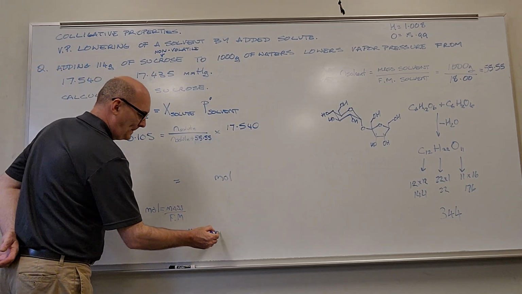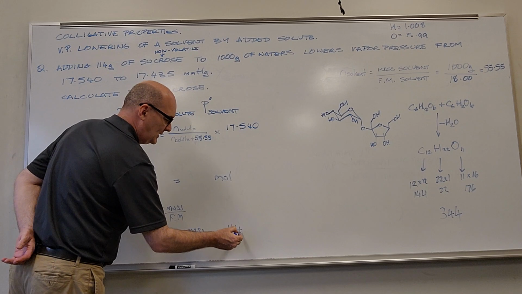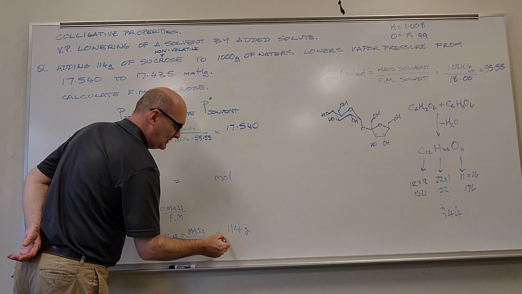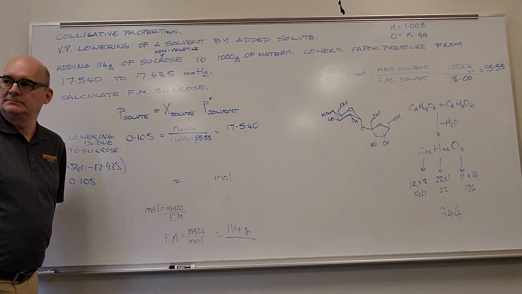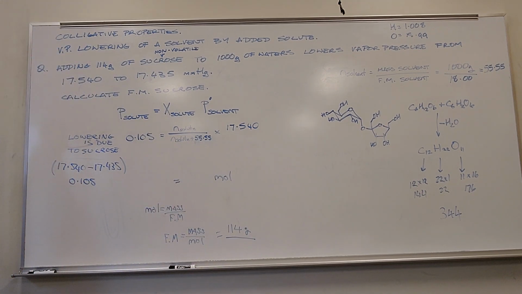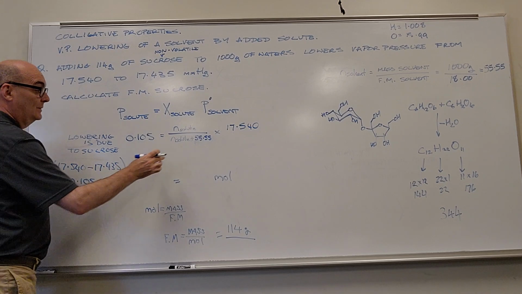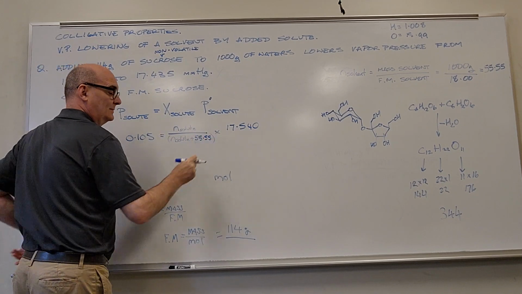And the mass is 114 grams divided by whatever number of moles we got here. Oh wait, we got pretty close. Probably about 340. I think you can safely get within a percentage or two of it.